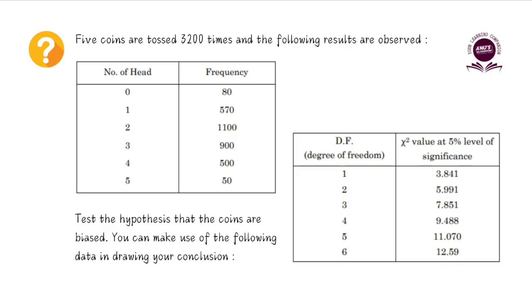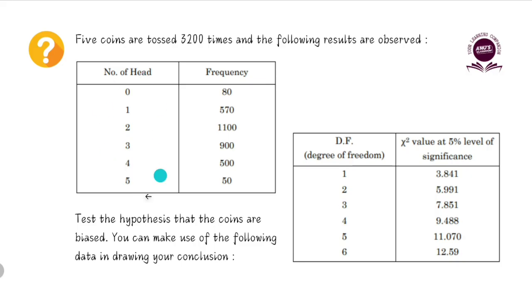To help us with this decision making, various critical values for various degrees of freedom are also given. Which of these chi-square critical values we have to take depends on the number of categories. How many categories are there?